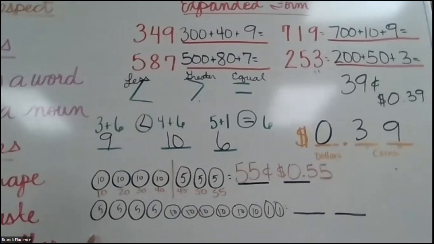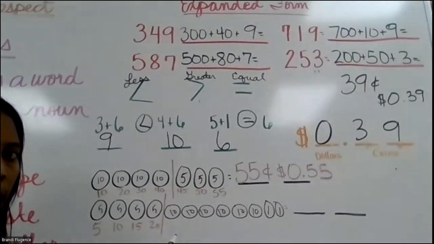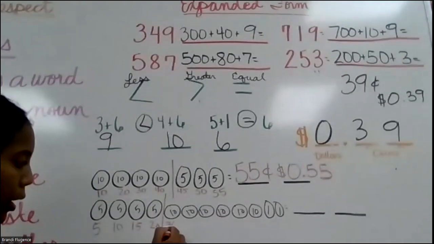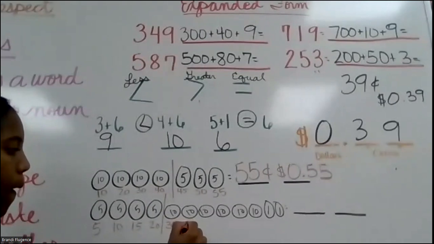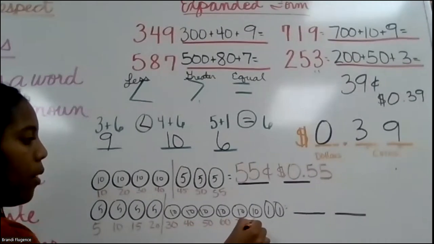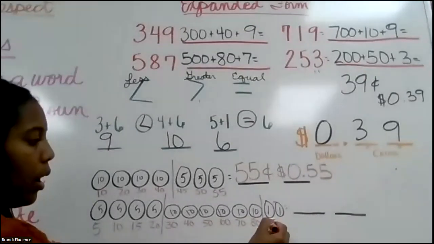Next, let's go ahead and do this next amount. Okay, everybody, you want to count this one? 5, 10, 15, 20. Okay. We're going into tens now, so from 20: 30, 40, 50, 60, 70, 80, 81, 82.